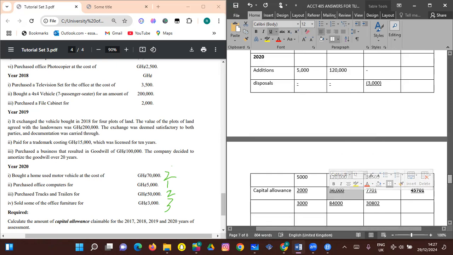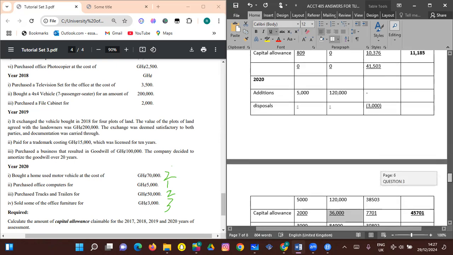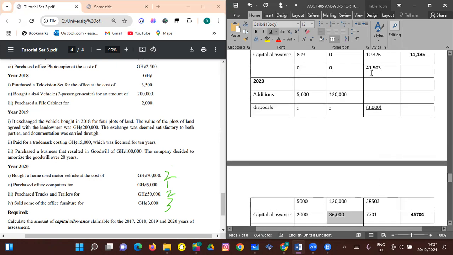Then now we sold some equipment. So our written down value was 41 times 503. Then we subtracted our disposals from it, what we sold. Then it was left with this. Then we applied our 20%, and then we had this, right?